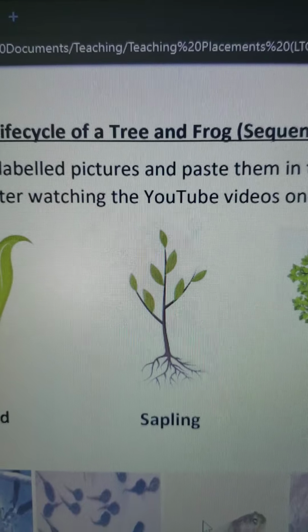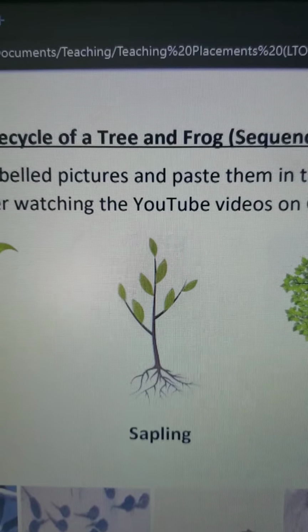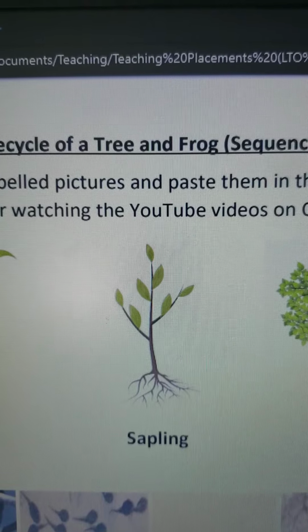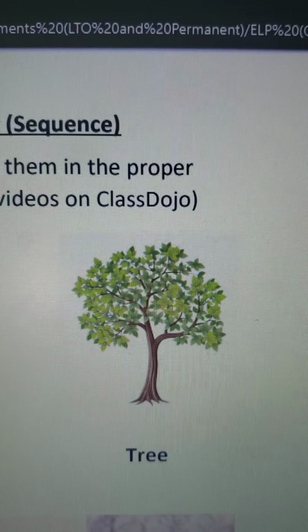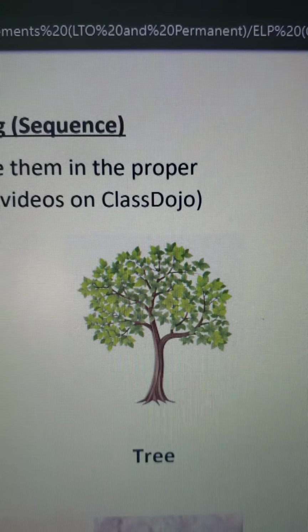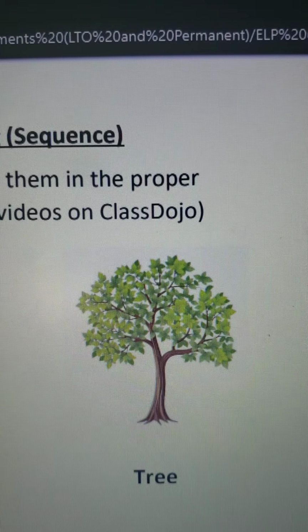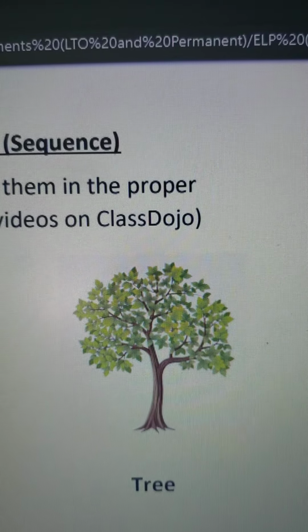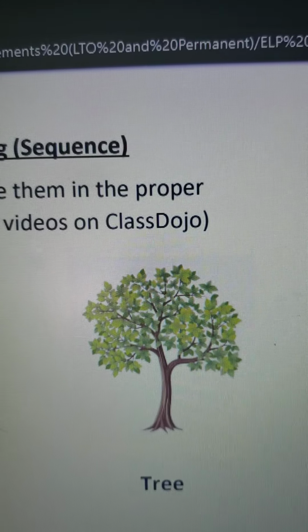We have some saplings in the yard, and it's important that when you see a sapling, you don't hang off the branches because knocking one of the branches off or bending them would hurt the tree's development. And then it turns into a fully grown tree. You might see some of these in your neighborhood if you look outside. So see how it has a big, thick trunk, strong branches, and lots of leaves growing from those branches too.